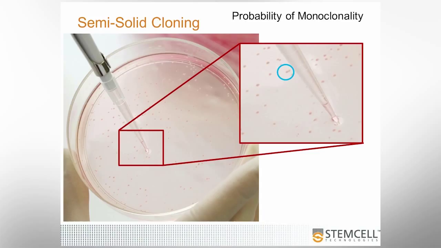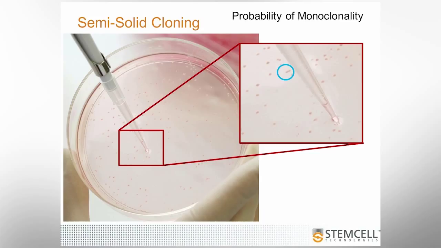So whether you're picking manually or using a robotic platform for your colony picking, you can choose to exclude those colonies that are less likely to be monoclonal, meaning that the estimates for the probability of monoclonality on the previous slide are actually underestimates for what you'd be expected to achieve in practice.